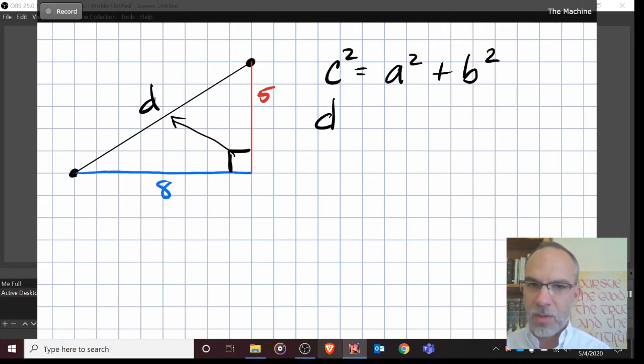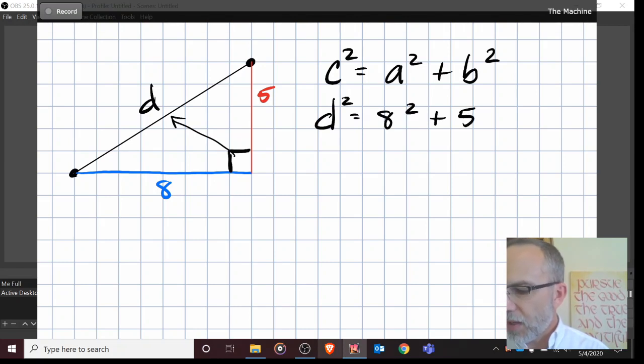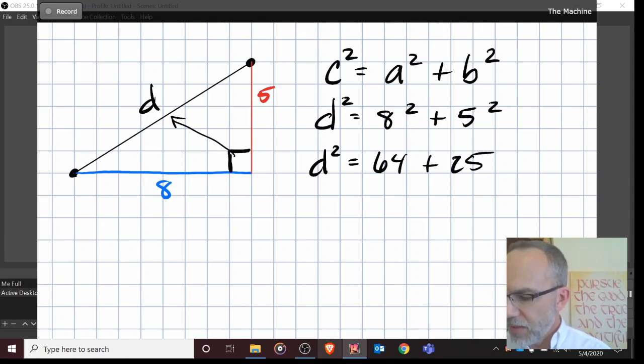That's really what I want to know. So D squared is equal to, what did I say, 8 squared plus 5 squared. Okay, so D squared then is equal to 64 plus 25.